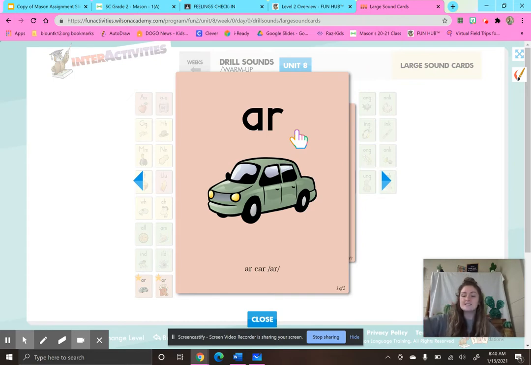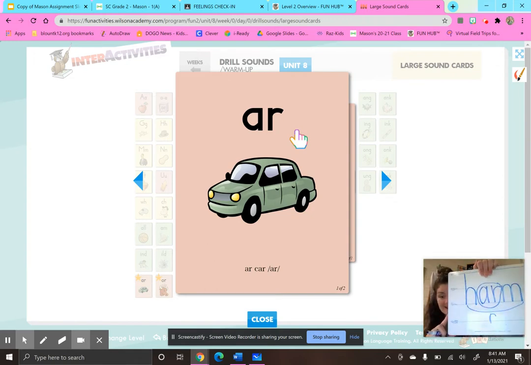It's one syllable, so I can scoop that as one syllable. Now, when we mark up words, if it's an R-controlled vowel syllable, it's going to get an R. That lets us know it's an R-controlled vowel syllable. So our R-controlled vowel is A-R, and I'm going to circle that, A-R. So R.